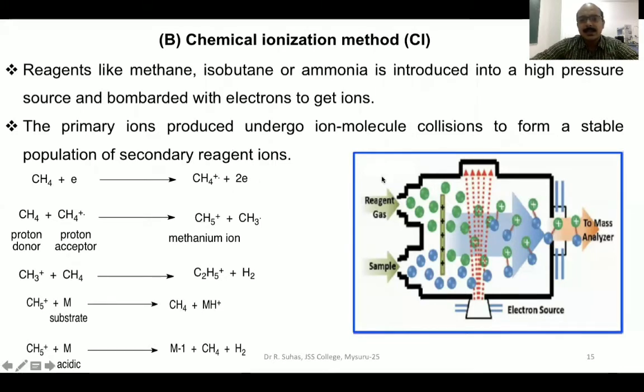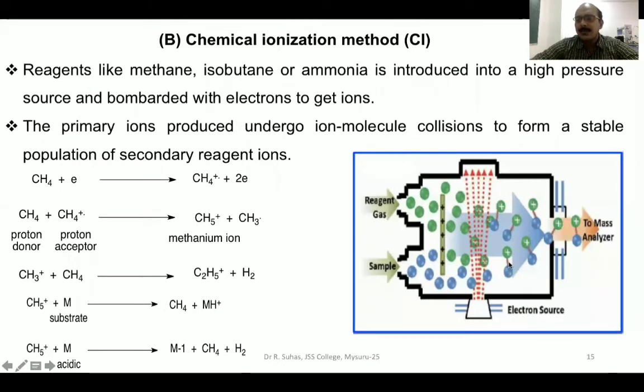Here you can see, first there will be a reagent gas. This reagent gas has to be bombarded with the electrons and they produce the positively charged ions. Once these positively charged ions, or you can say reagent ions, are formed, then you introduce the sample into the system.